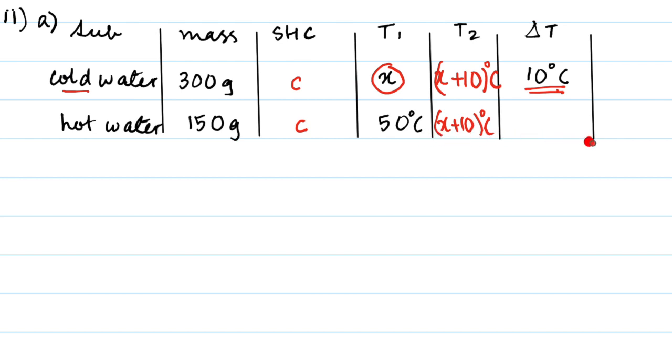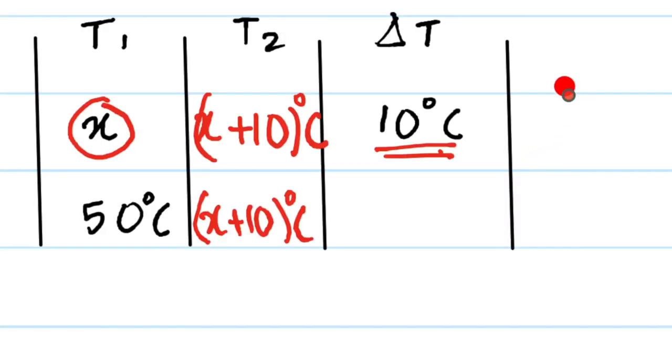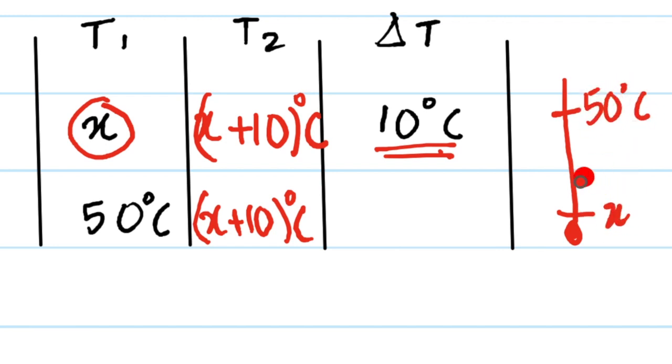But what will be the delta T over here? Now some of you would get confused, so I'll just show a thermometer here. And I'll have cold water and hot water. The temperatures, cold will be X and hot will be 50 degrees C. And somewhere in the middle will be your X plus 10. Agreed?